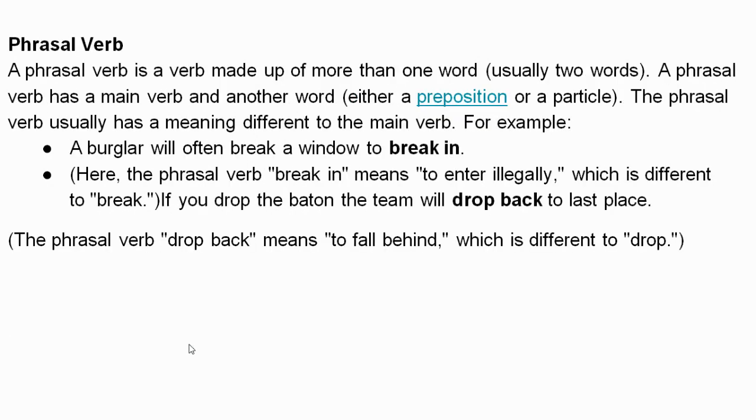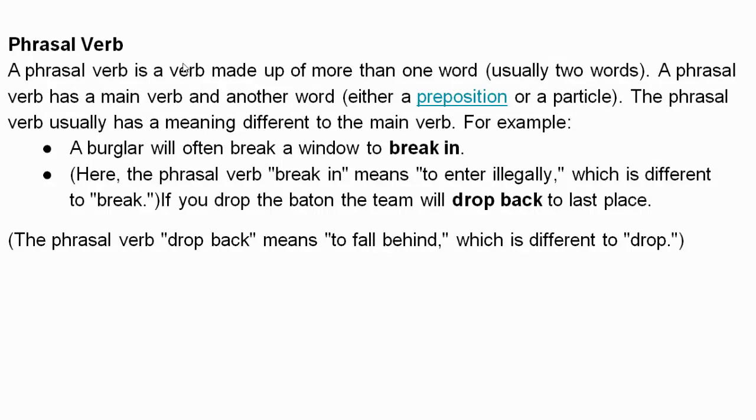Phrasal verb. A phrasal verb is a verb made up of more than one word, usually two words. A phrasal verb has a main verb and another word, either a preposition or a particle. The phrasal verb usually has a meaning different to the main verb.